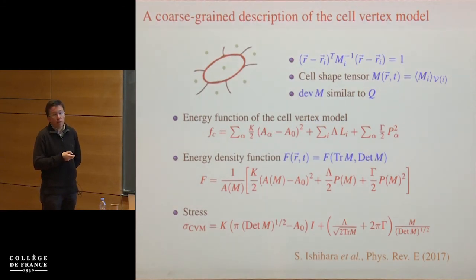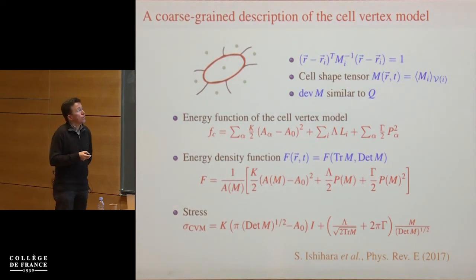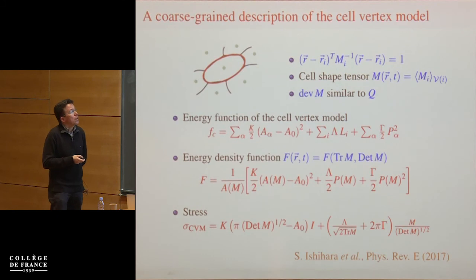So it's straightforward with the area, which is pi AB, where A and B would be the semi-axes of the ellipse. Things are a bit more complicated for the perimeter, but the perimeter can be expressed as a function of the parameters of the ellipse using, for instance, a formula due to Euler that we use here in order to write the perimeter as a function of the cell-shaped tensor. In practice, we perform the calculation in a simple case where we are close to isotropy, which could be generalized, but which is probably good enough for the examples that we had in mind.